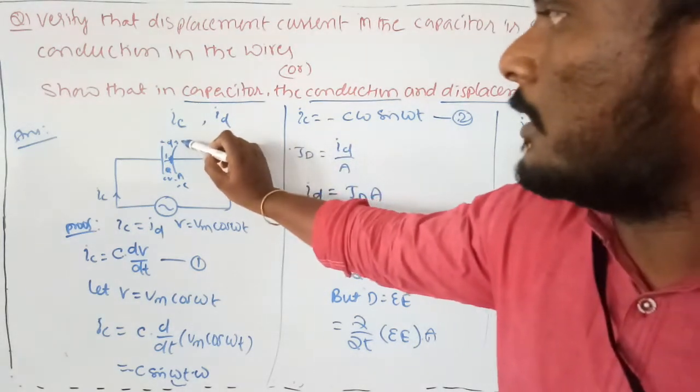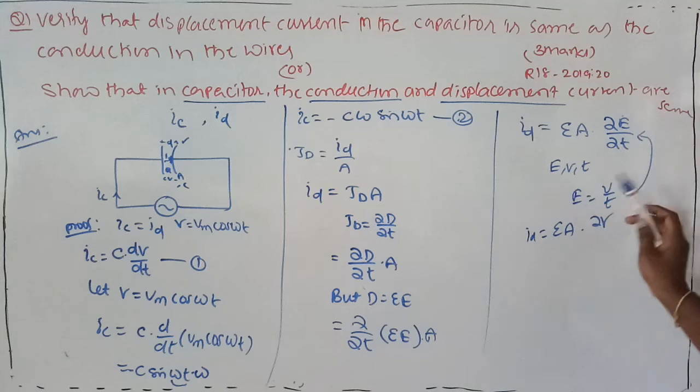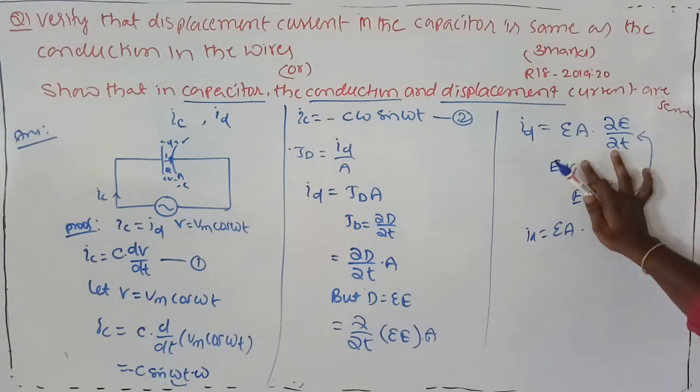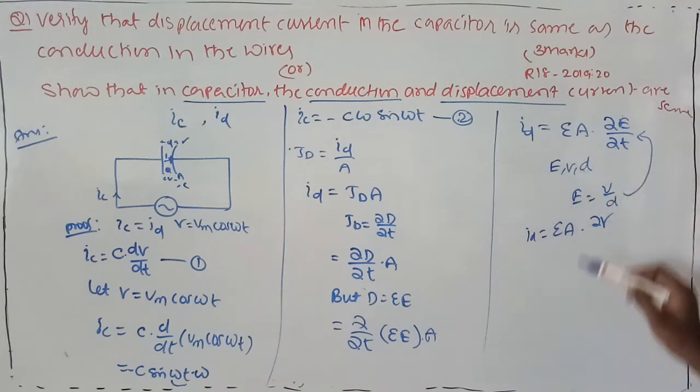Since we have considered the distance of separation between plates as d, we should write d here, not t. So just change it here.